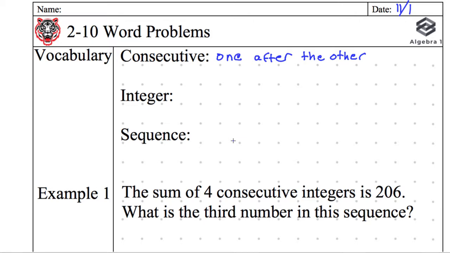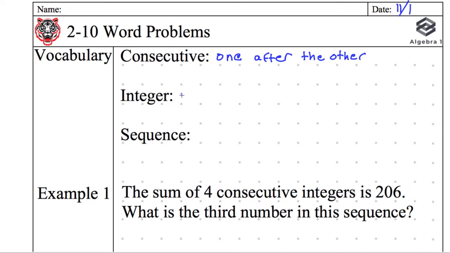So for example, consecutive. Actually, we'll wait until I do integers. That way we can talk about what this means. So integer. What is an integer? If I say name an integer and you say 3.2 and I say no, that's not an integer. What is an integer? Cohen, go for it. A whole number.